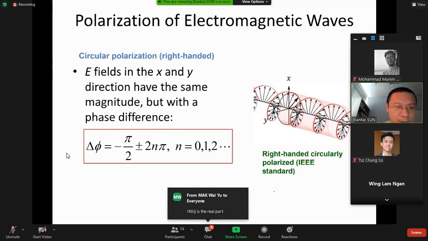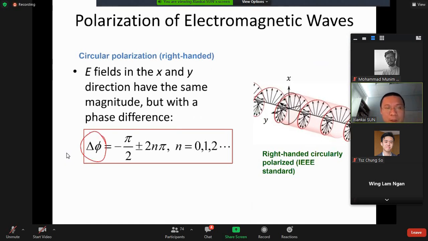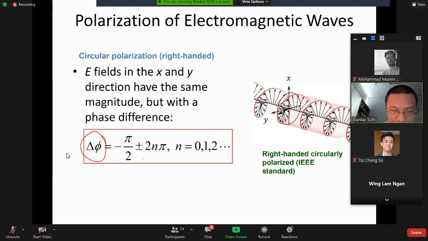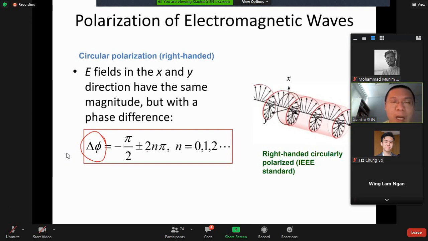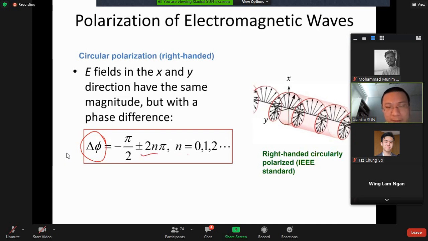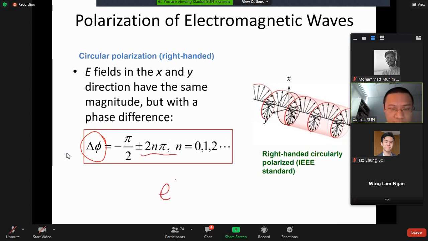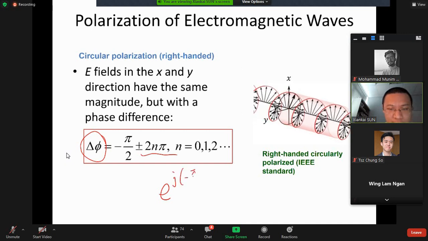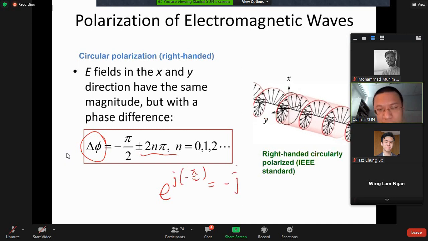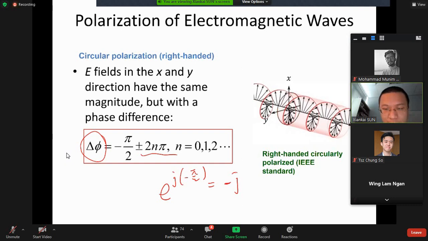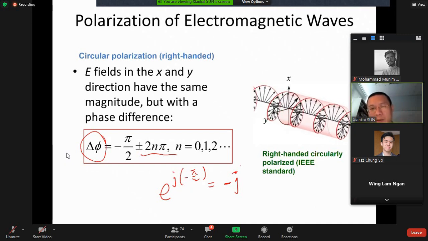Next, delta phi is equal to minus pi over 2 plus or minus 2n pi. This is because e to the j half of pi is equal to minus j. This gives you a 90-degree phase difference between the X and Y components.